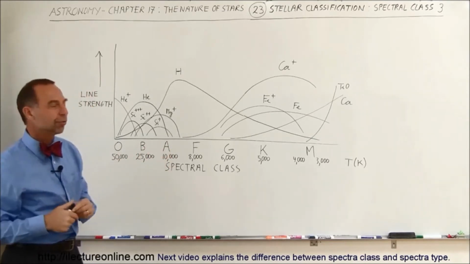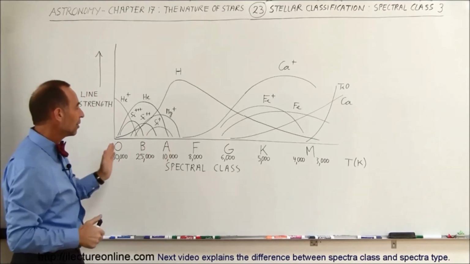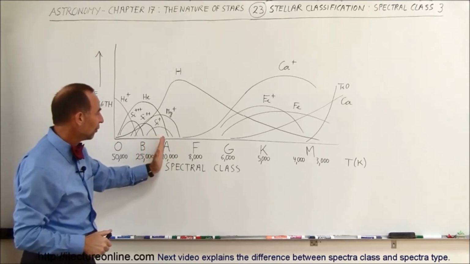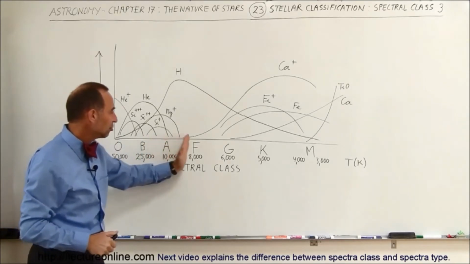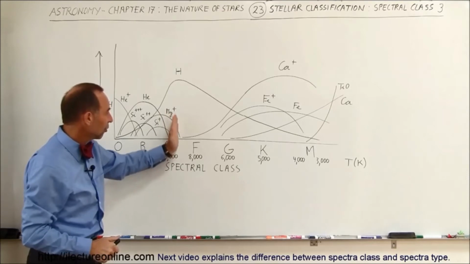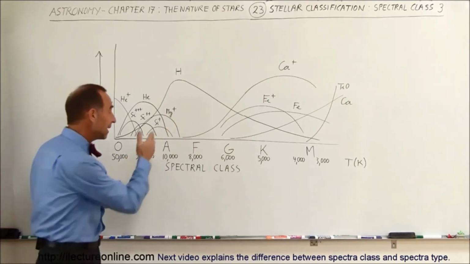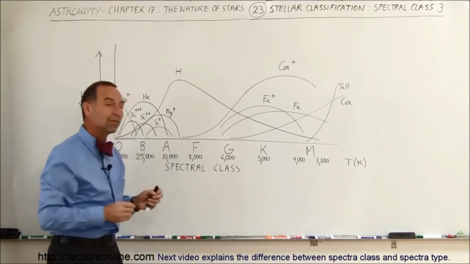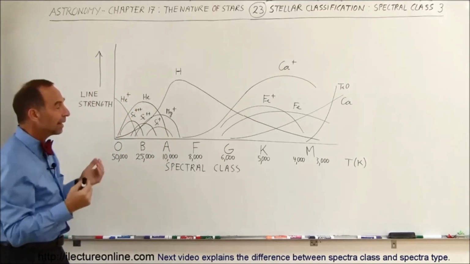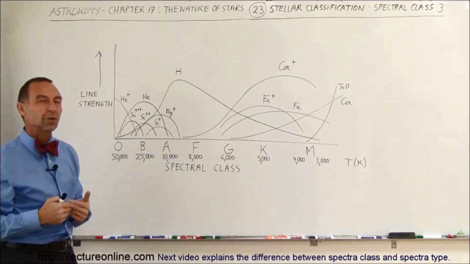We'll see in a future video how that is done. But you can imagine that as you move over from A to F, in that region here, you can see that the spectral lines begin to change quite a bit, and we are able to pick that up and subdivide the classification even more finely, and that helps us determine what exact star we're looking at.